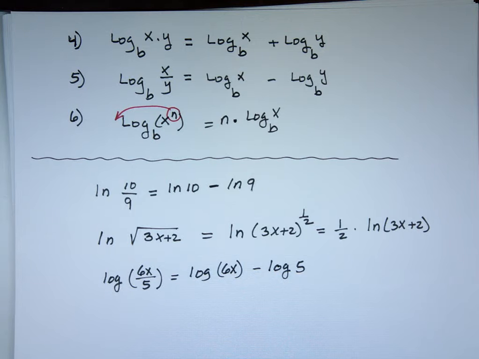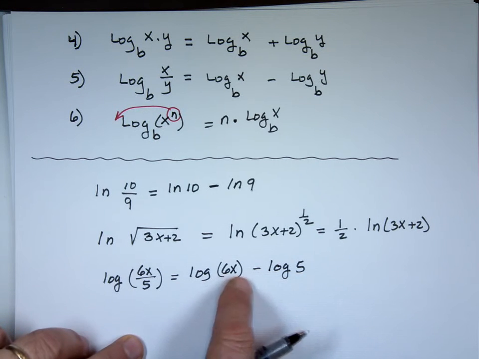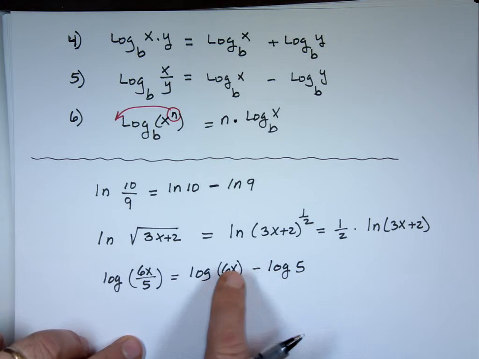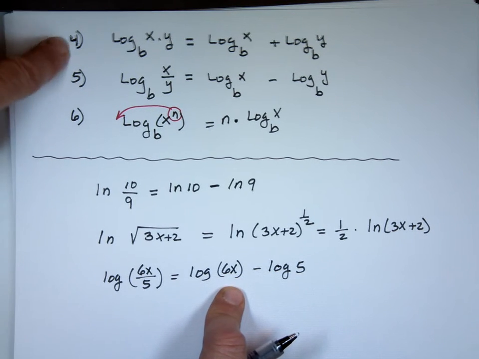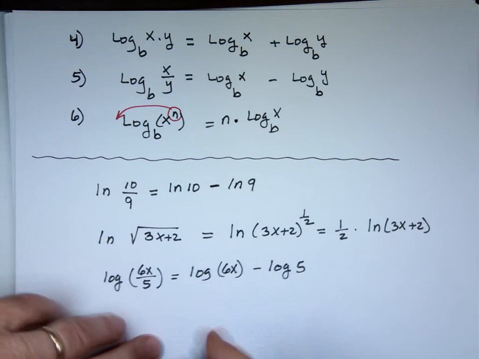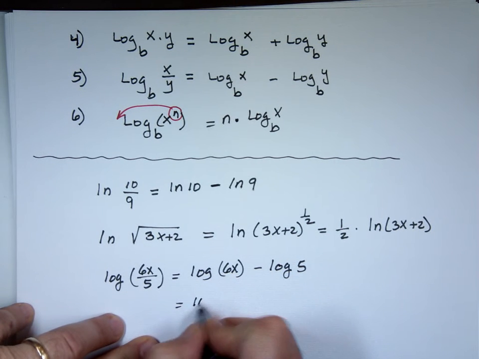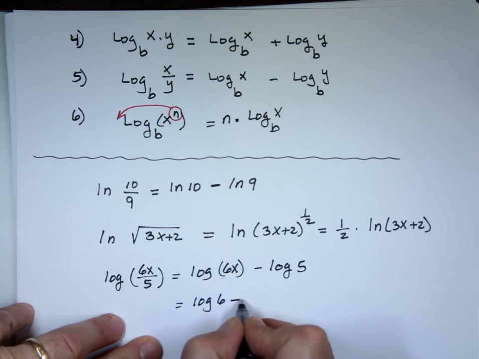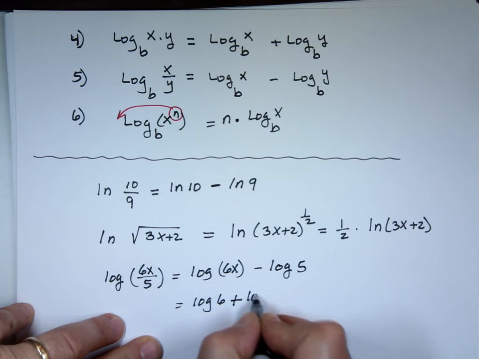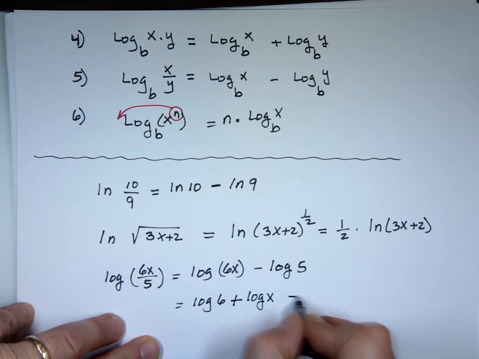Can I simplify that more? 6x means what? Isn't that 6 times x? So I can use rule number 4 to break it down. That'll be the log of 6 plus the log of x minus the log of 5.